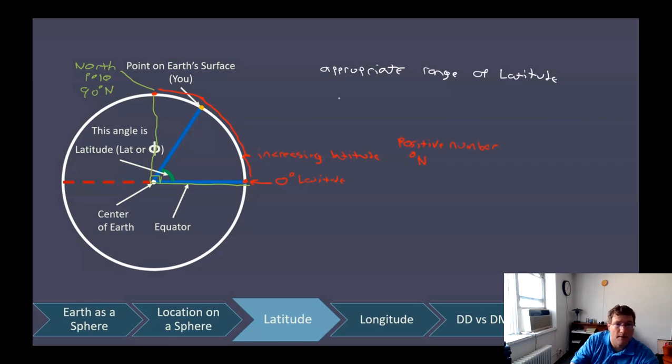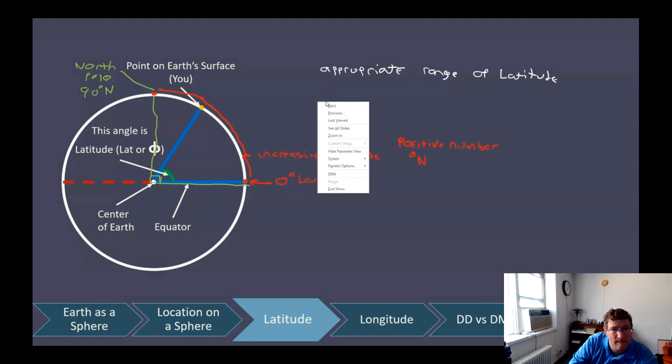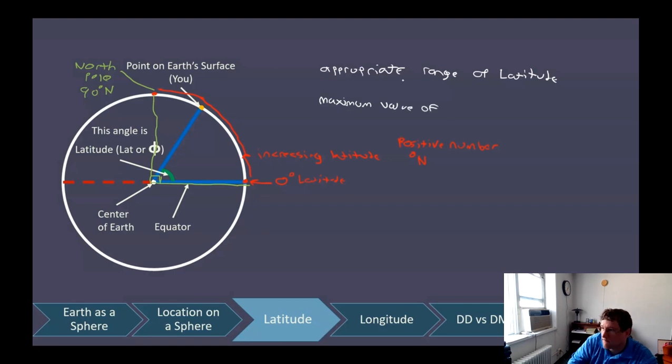So we know that the maximum value of latitude is 90 degrees north, and you'll see that it's a positive 90.